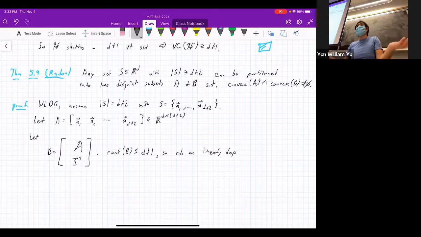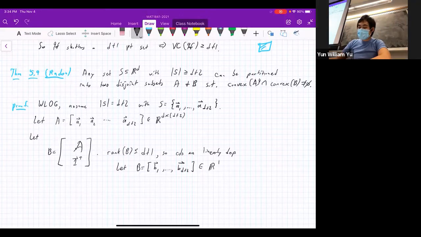Because we have D+2 columns, and so clearly there's a linear dependency between them. Let's label all the columns B1 through B D+2. And note that each of these B's are just the A's with a 1 appended on the end.